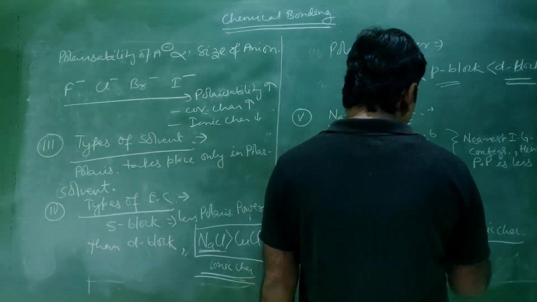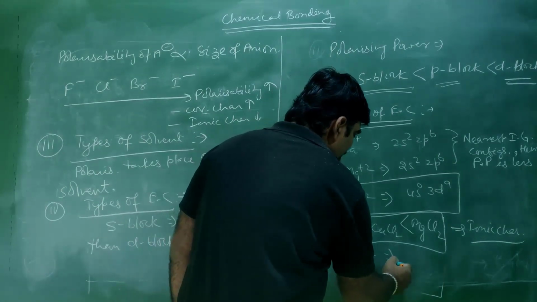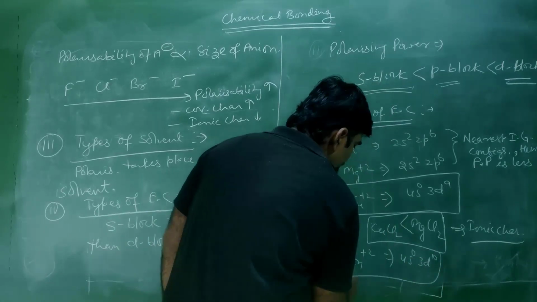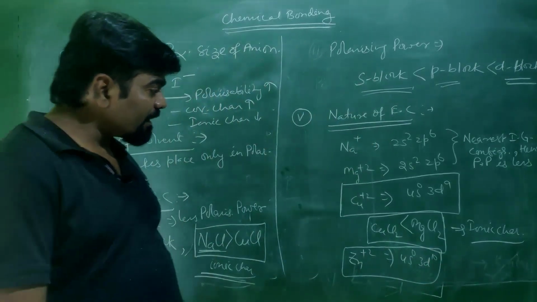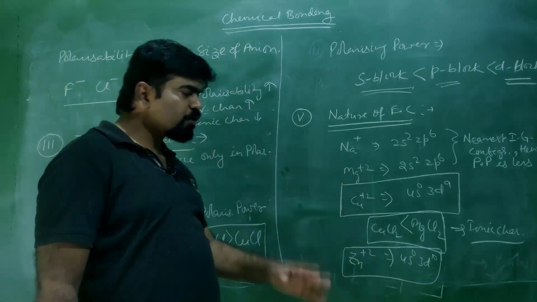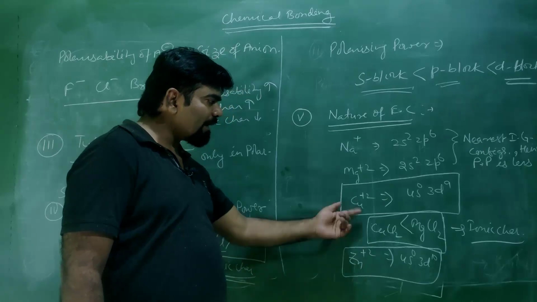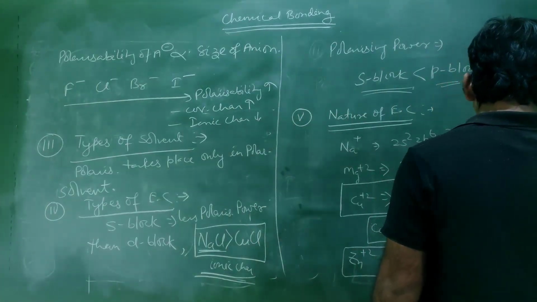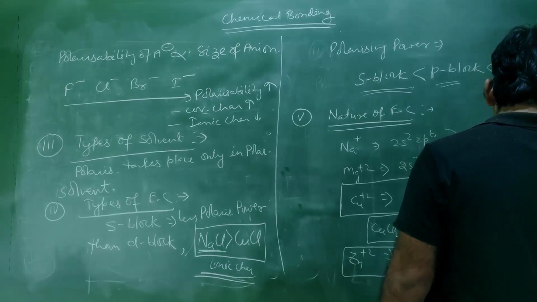If we take another example, Zn2+, it will have 4s0 3d10. Now 4s0 3d10 is more stable than Cu2+. So we can say ZnCl2 is more ionic than CuCl2, or CuCl2 is more covalent than ZnCl2.